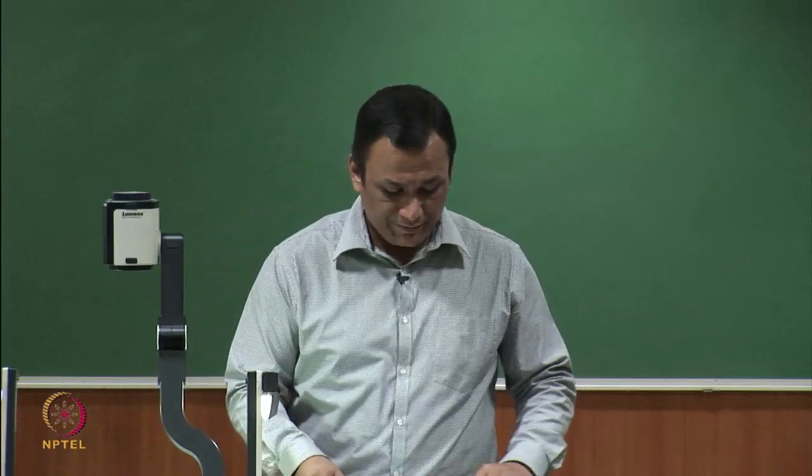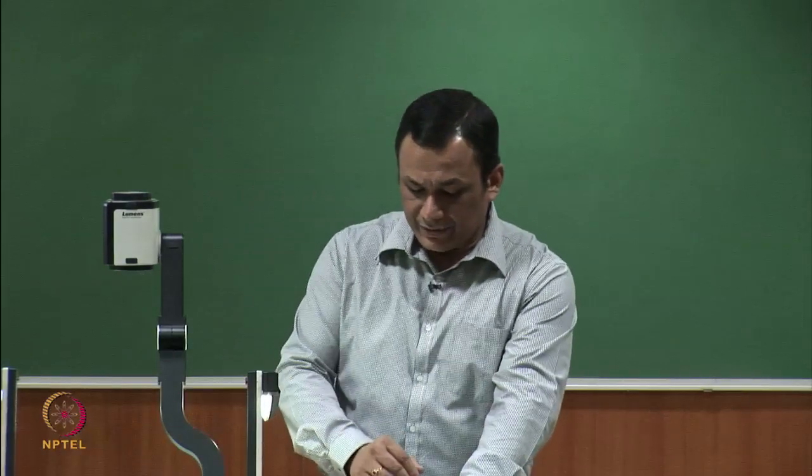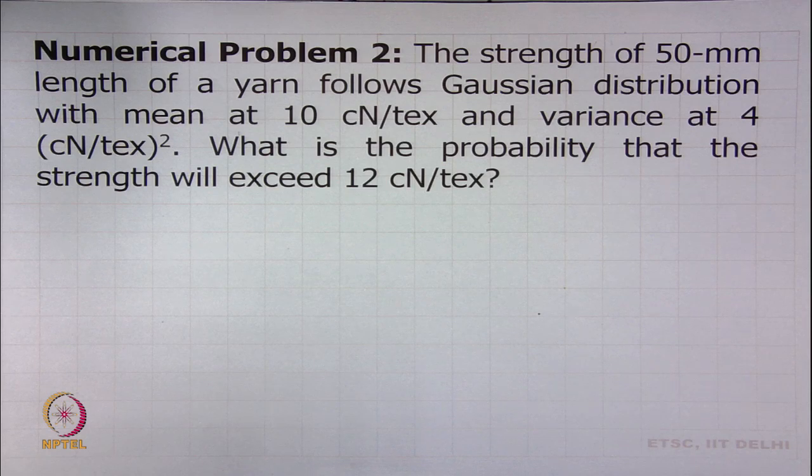Now, we come to the second problem. The second problem reads as follows: the strength of 50 millimeter length of a yarn follows Gaussian distribution with mean at 10 cm per tex and variance at 4 cm per tex square.